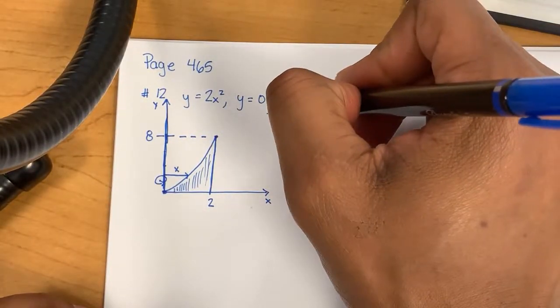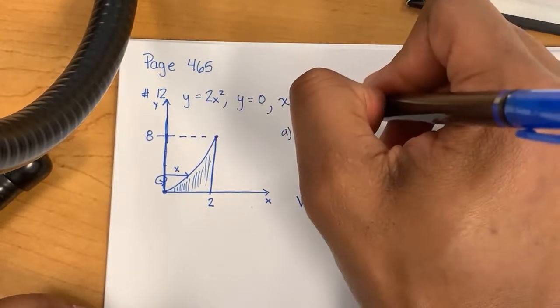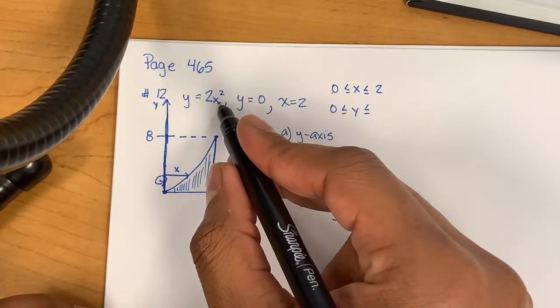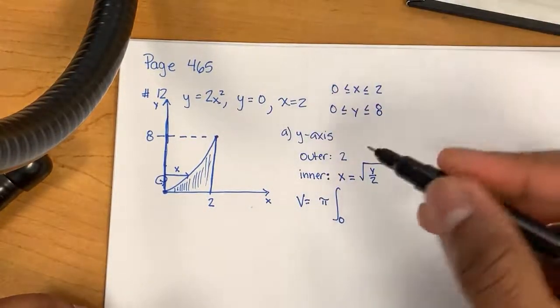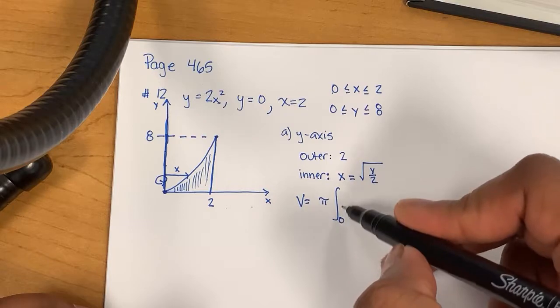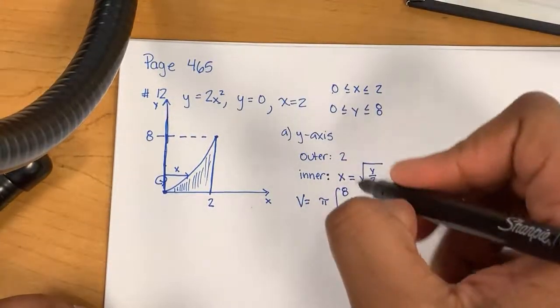So when x is 0, y is going to be 0. And when x is 2, 2 squared is 4 times 2 will give us 8. So our y limits are from 0 to 8.